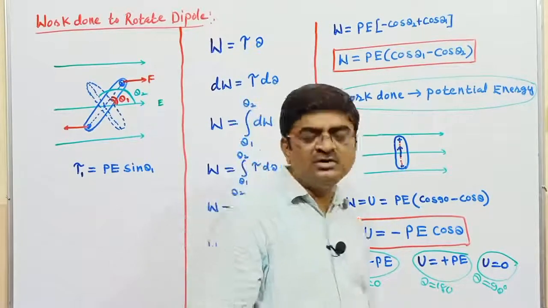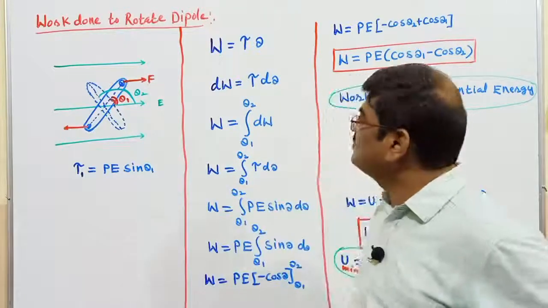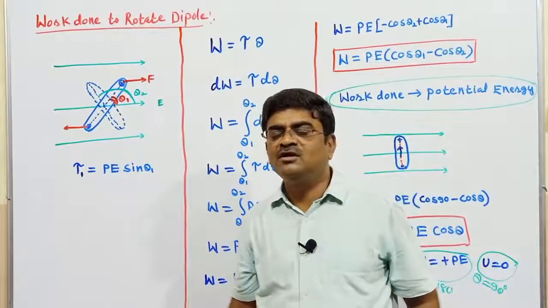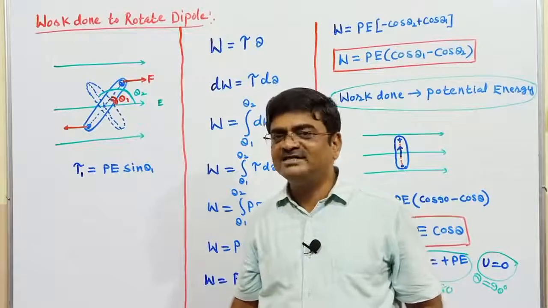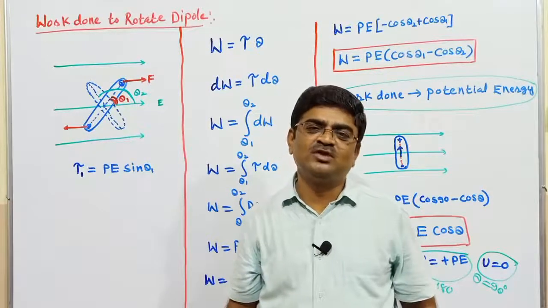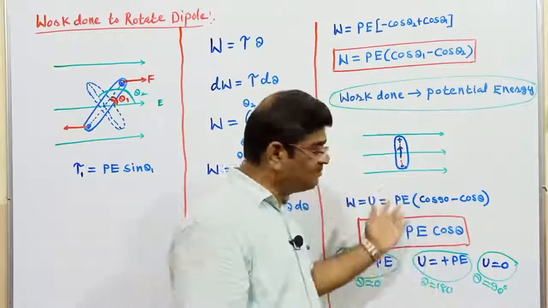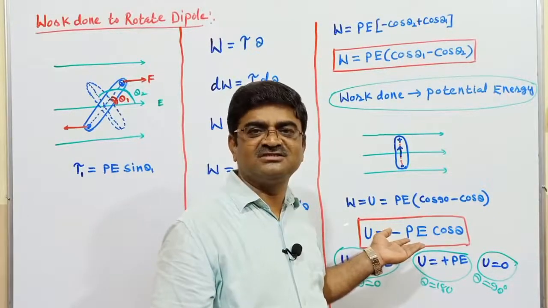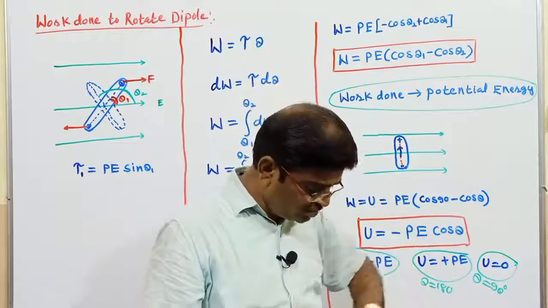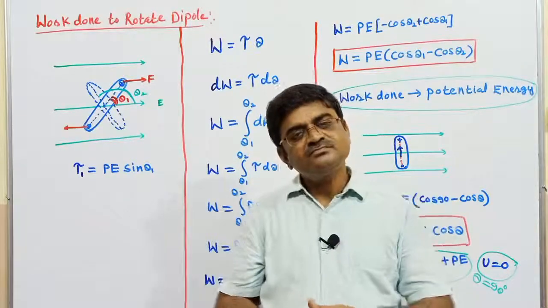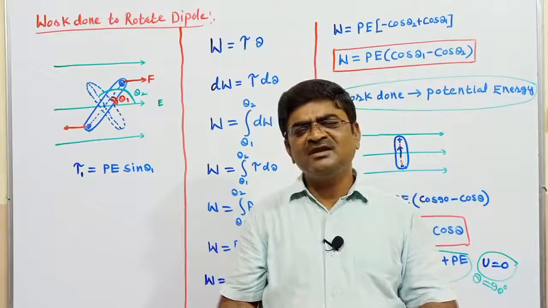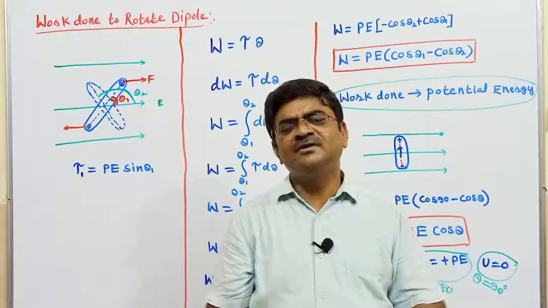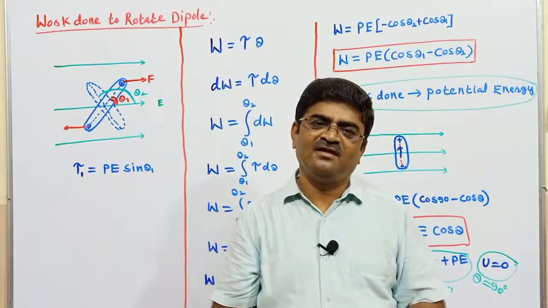And this is all about work done on a dipole. That work done, as I mentioned, is going to get stored as a potential energy, about which we have just had a discussion. So tomorrow I'll be going with one interesting and very important concept from this chapter.